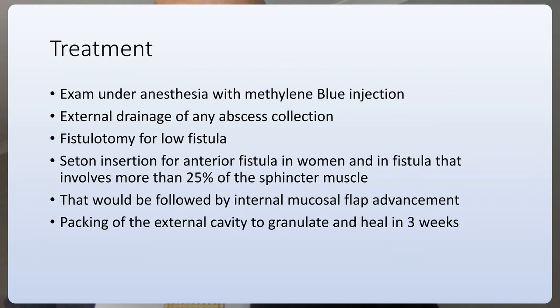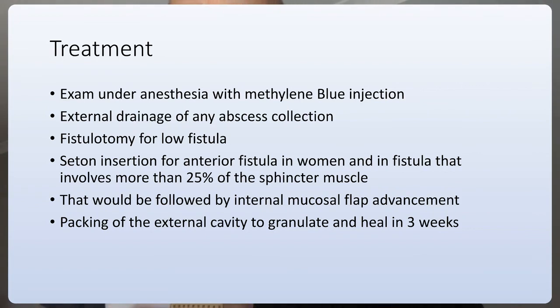The seton is a rubber tube that goes like a circle around the sphincter muscle and through the fistula tract. We tie that down, leave it for about 6 weeks or so, and then we do the advancement flap.